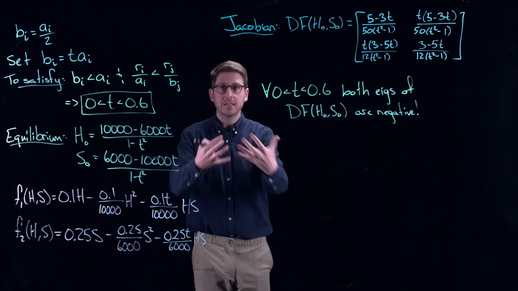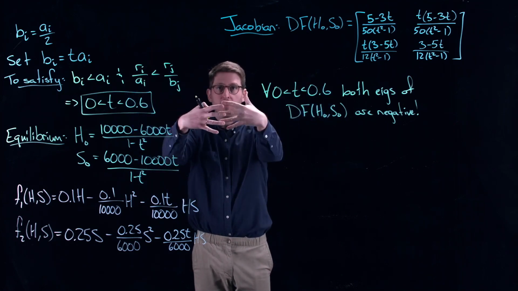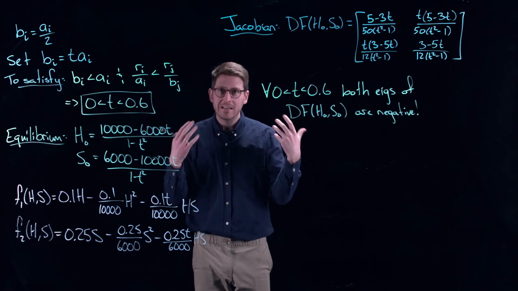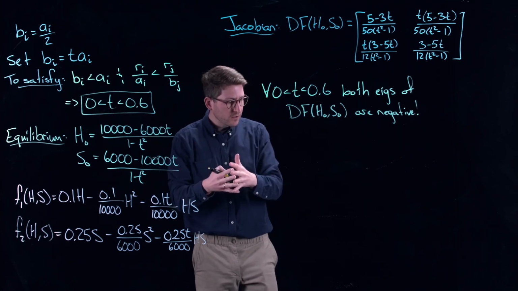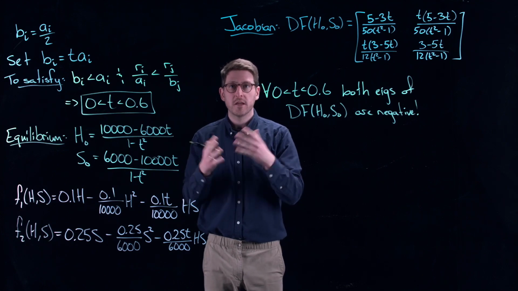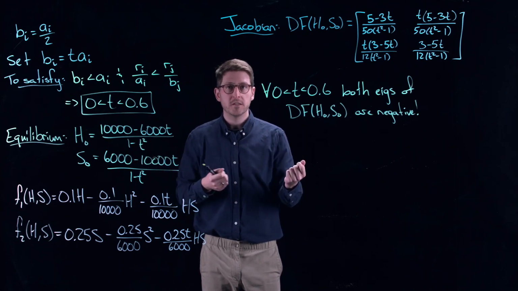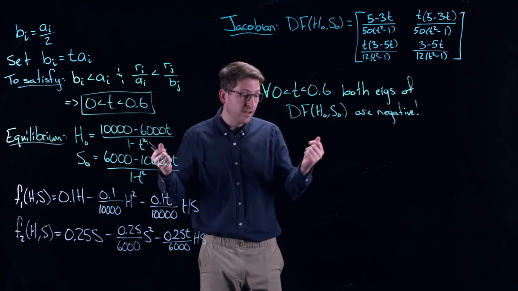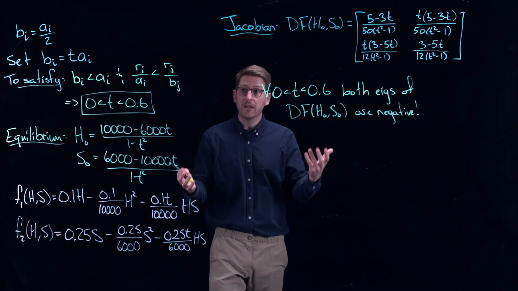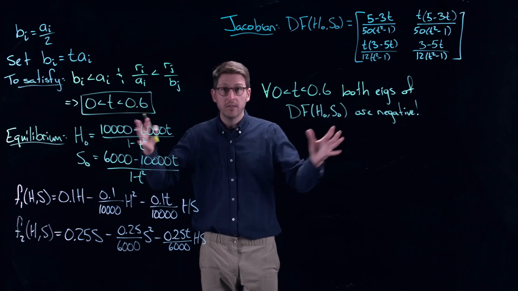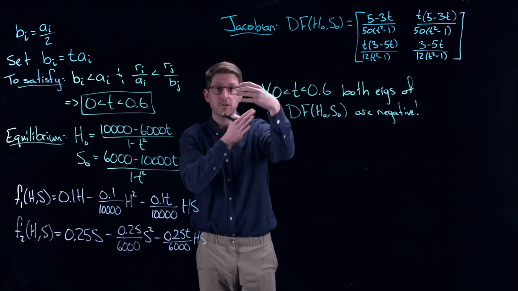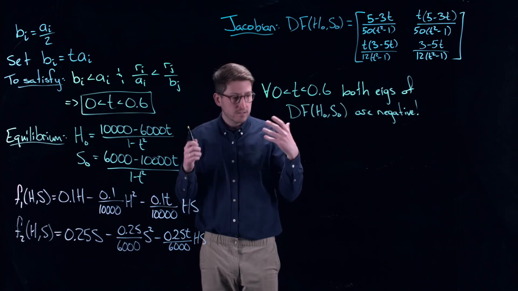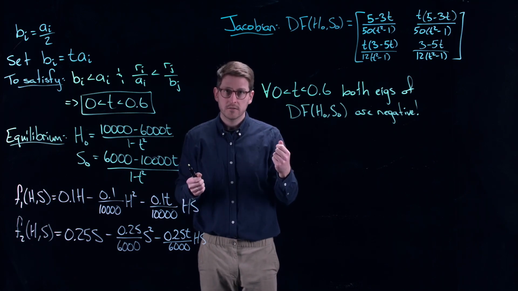So I still see in the vector field everything pointing in towards my coexistence. That tells me that not only is it possible to set up the system so that neither one of the tree species dies out, but I have a lot of room to move around. I can be off with my initial setting up of this forest, and those trees are going to negotiate with each other and work together so that they can live in this stable coexistence.